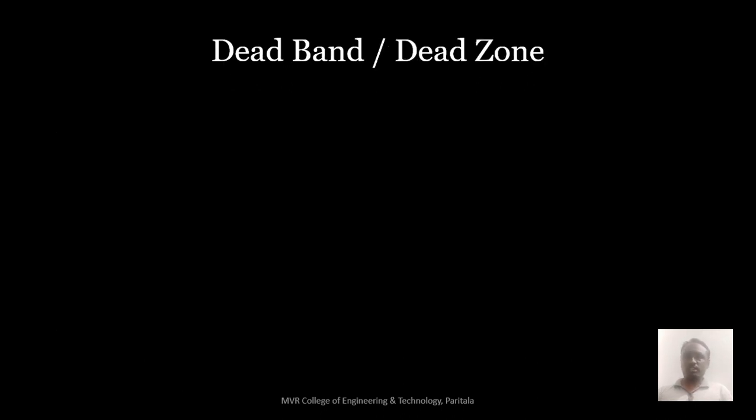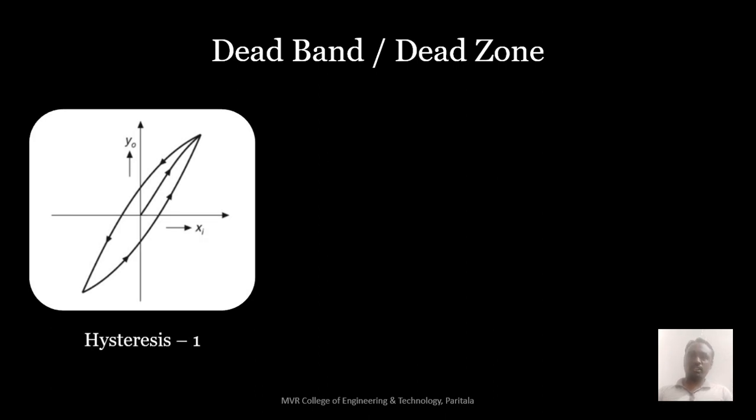What is meant by hysteresis? This is the graph we can consider here. If you take a voltmeter, let us give some increasing voltage. It will start from zero, go up to a certain full scale value, and reach the maximum.